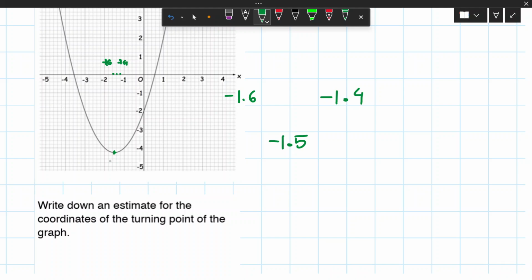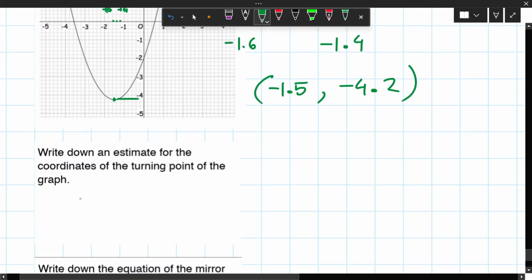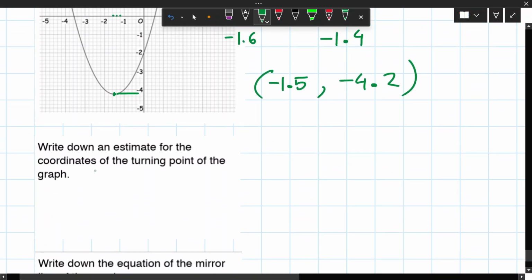Now the y coordinate I think is on the first line, so that's one line below the minus 4, so that would be minus 4.2. So the turning point I would say would be minus 1.5 as the x coordinate, minus 4.2 as the y coordinate. Write down an equation of the mirror line of the graph.